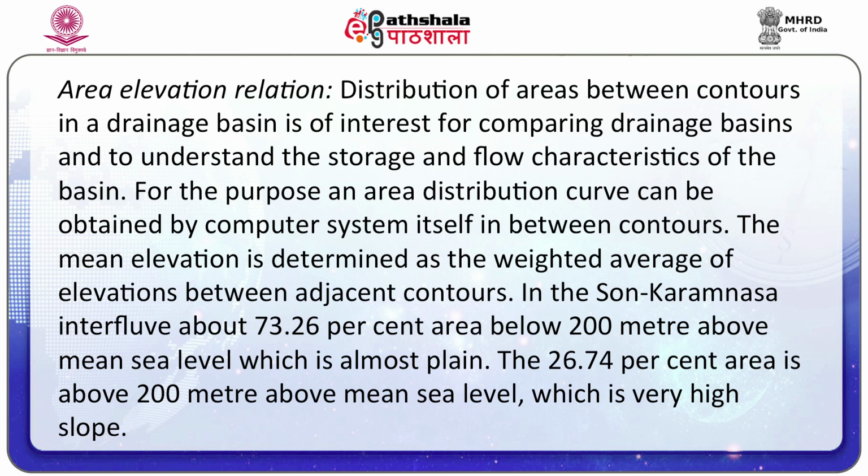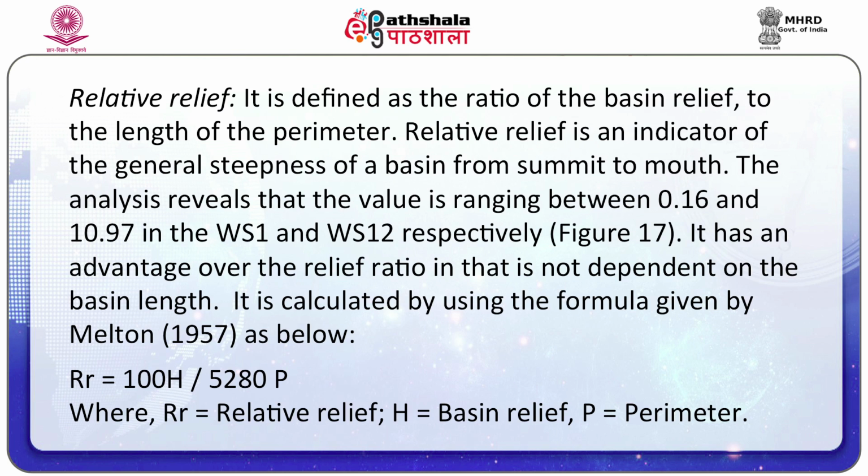In the Son-Karamnasa interfluve, about 73.26% of the area is below 200 meter above mean sea level, which is almost plain. The 26.74% area is above 200 meter above mean sea level, which has very high slope, as shown in figure number 16. Relative relief.